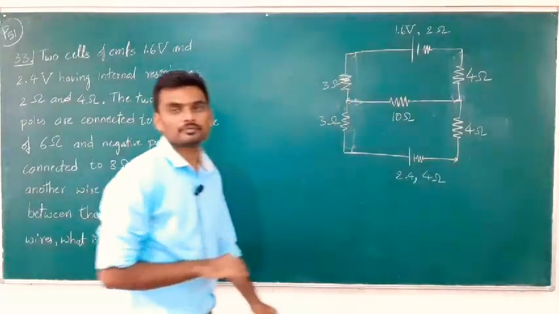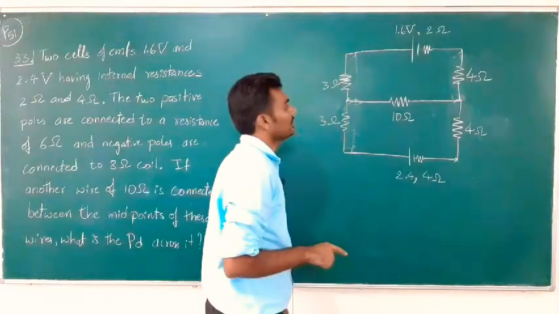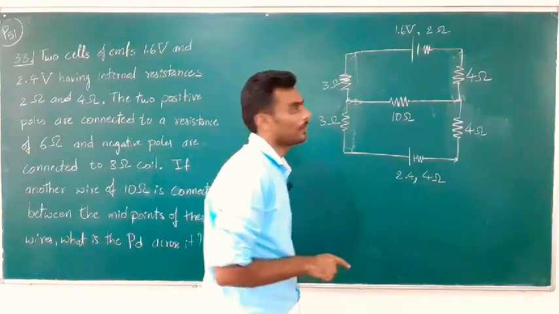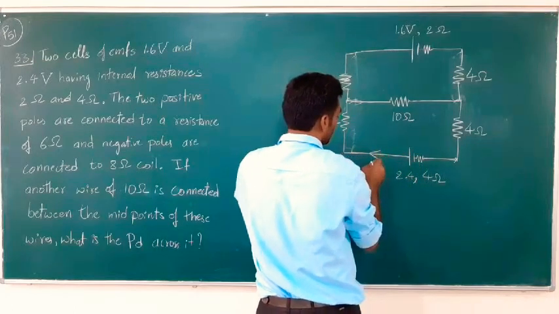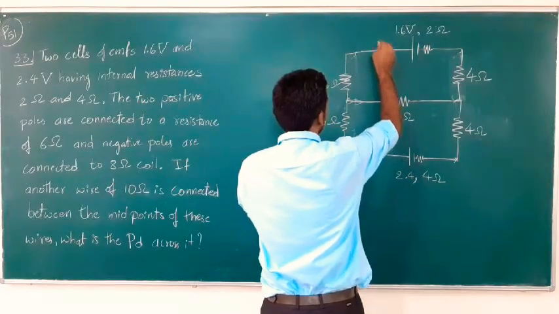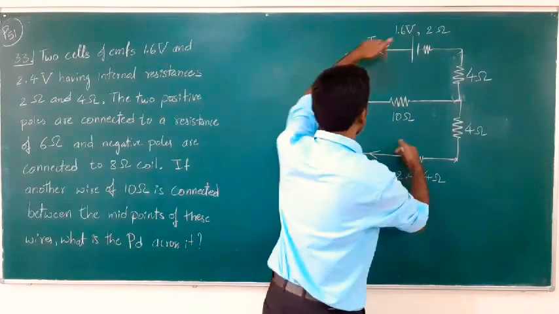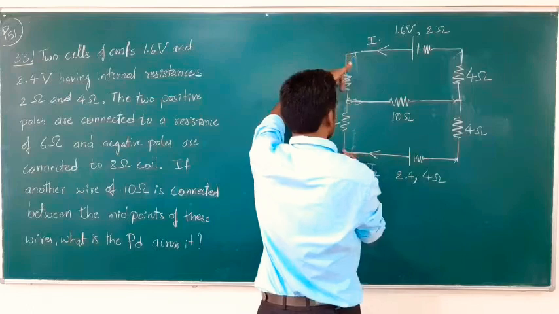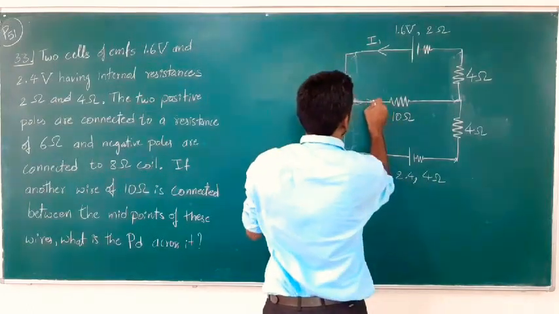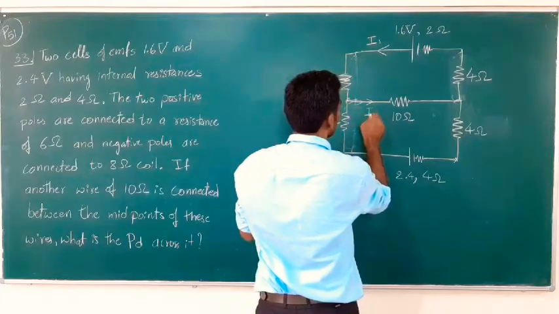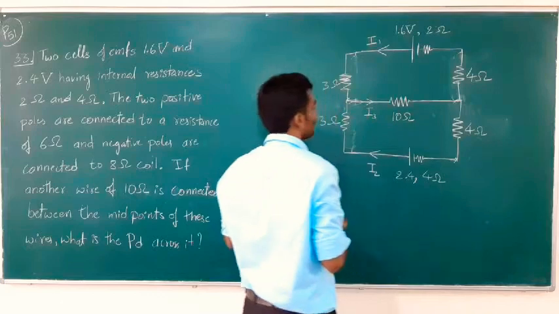Okay, so now the other factor left is the direction of current. So again, positive terminal here, so current direction will be like this. Again positive, let me name this as I1 and this current as I2. So I1 comes here like this, I2 comes here like this, and both of them join together to give some current I3 in this direction flowing through the given 10 ohm resistor.